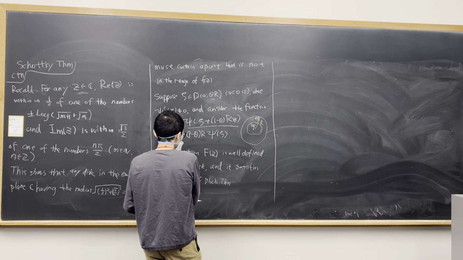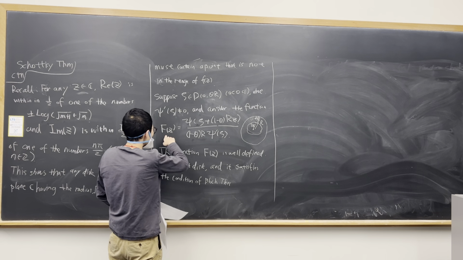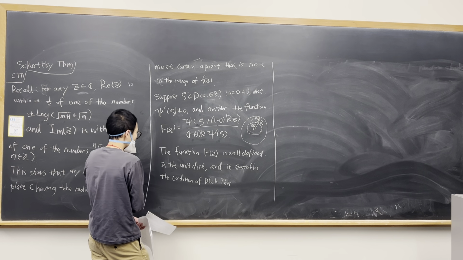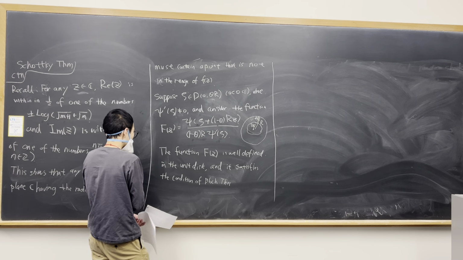So we know that this f(z) is well defined in the unit disk, and then we know that this f prime z, if you take the derivative, it will be the chain rule.